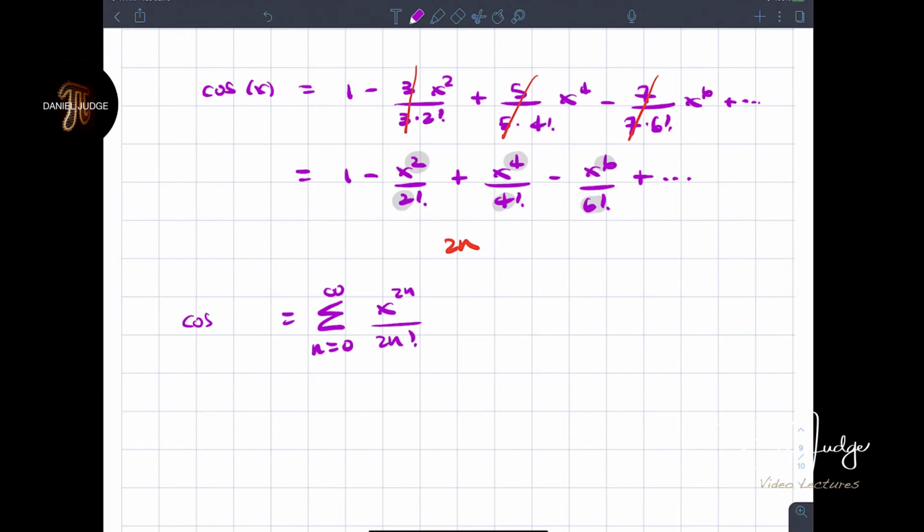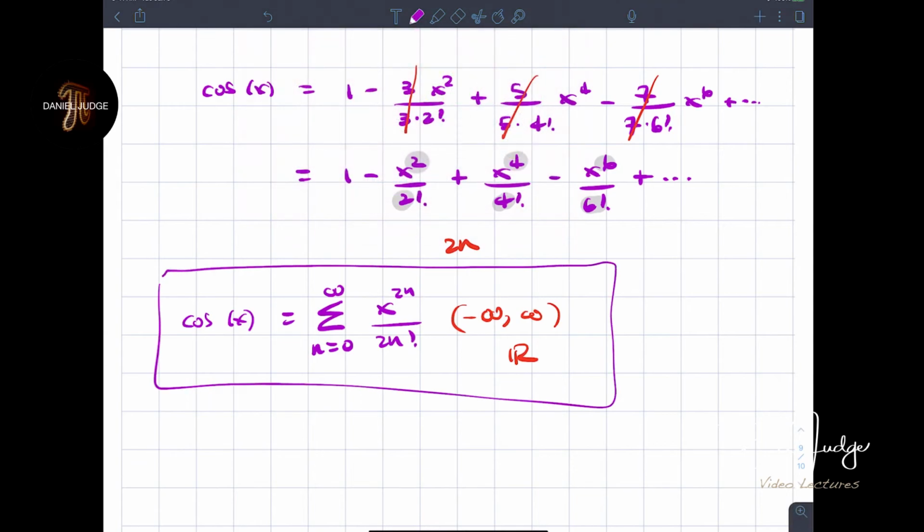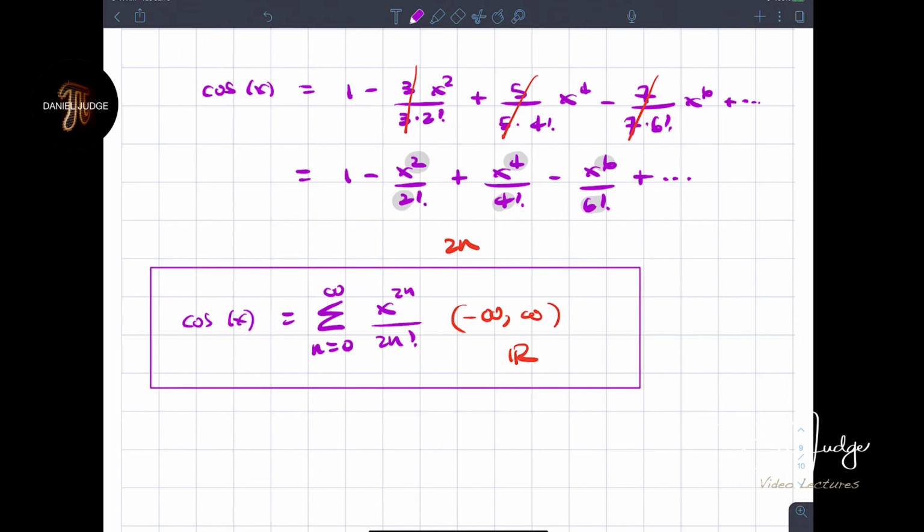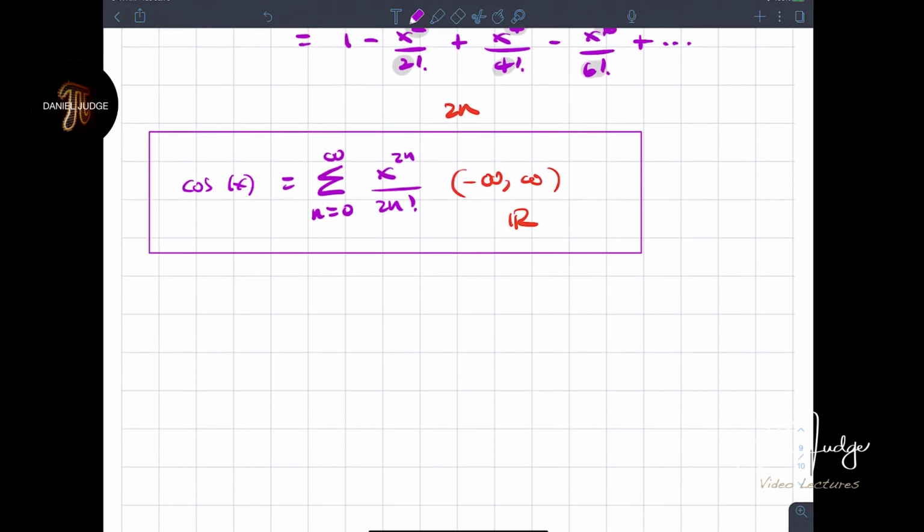And here's our cosine power series representation. And the interval of convergence, again, is from negative infinity to positive infinity. It is all real numbers. So now you have the power series representation for cosine, ladies and gentlemen. Pretty good.